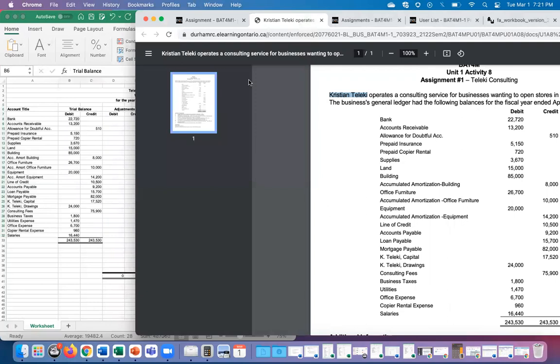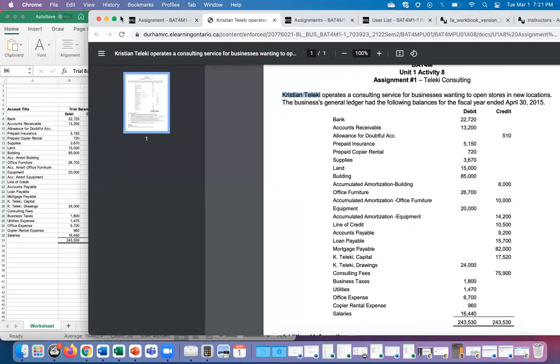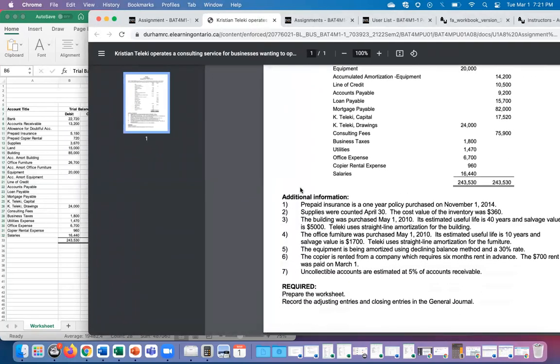Okay, so that's that. We'll look at the bottom to get the stuff that we're actually going to be working with. So this additional information, this is the stuff that we're going to be loading onto the worksheet. So we are going to be interpreting each of these transactions and deciding how that affects the worksheet. So that's what we're going to be doing here in a moment.